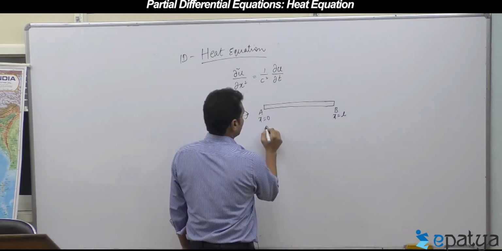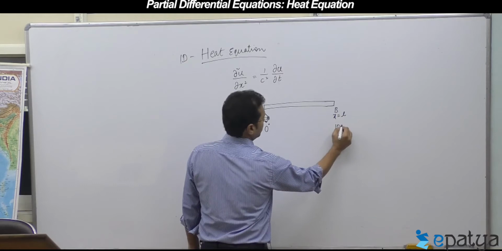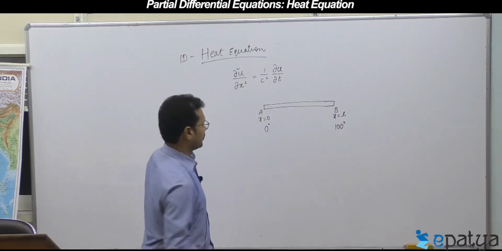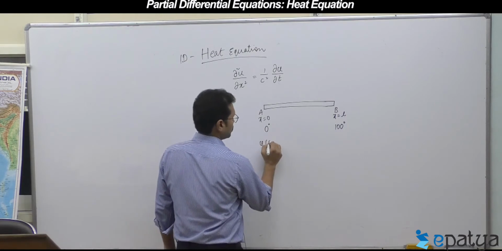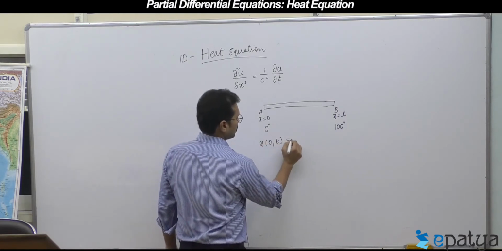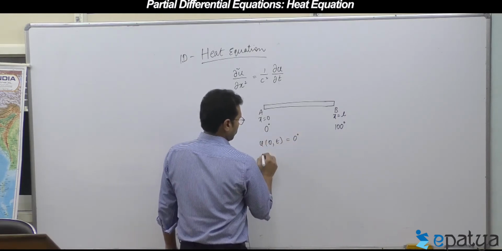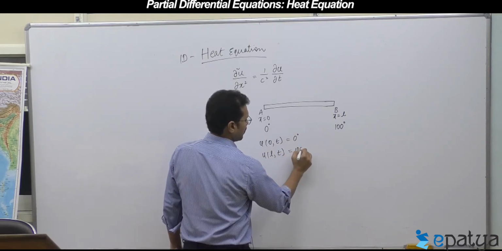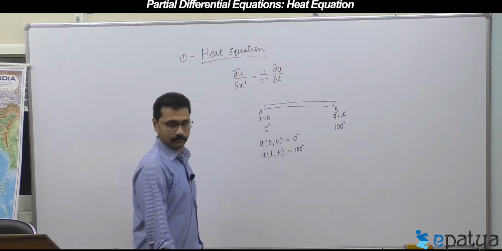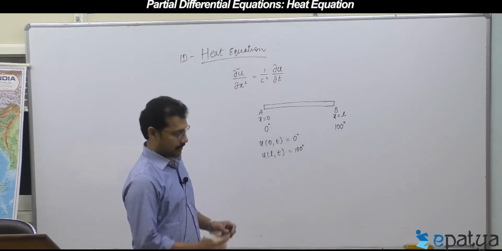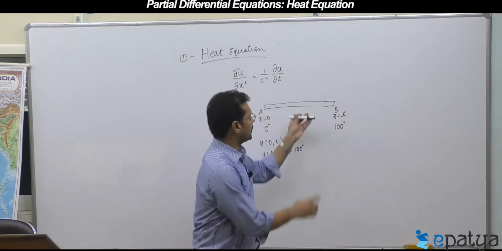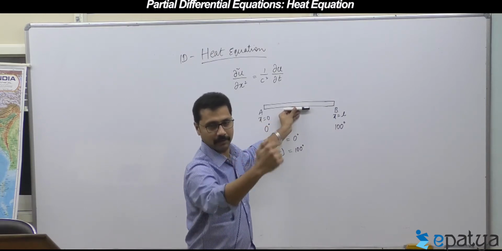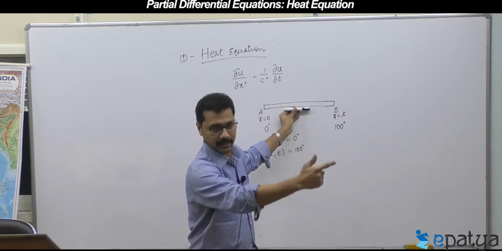Suppose this end is maintained at 0 degrees and this end is maintained at 100 degrees from now onwards, at T equal to 0. Then U of 0 comma T will be equal to 0 degrees, and U of L comma T will be equal to 100 degrees. Is it or not? When this rod is kept here, it might already have some kind of temperature distribution inside it.